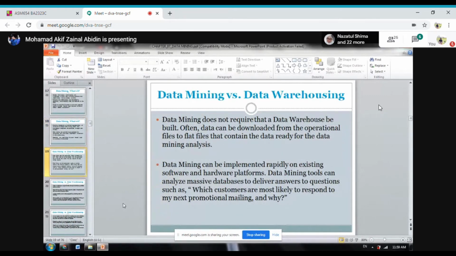Okay, so data mining does not require a data warehouse to be built. However, data mining can be implemented rapidly on existing software and hardware platforms.